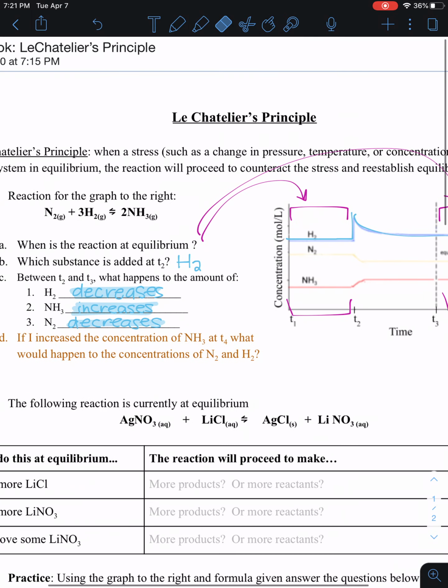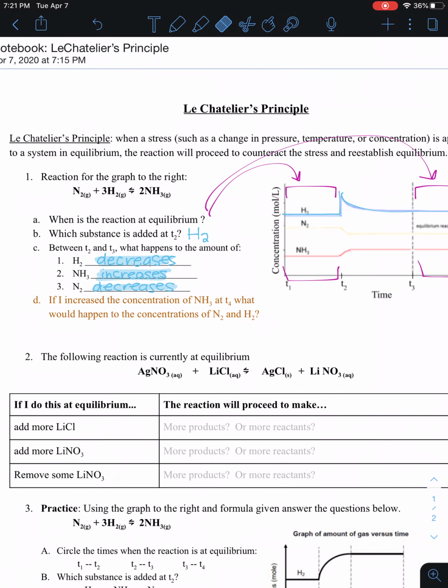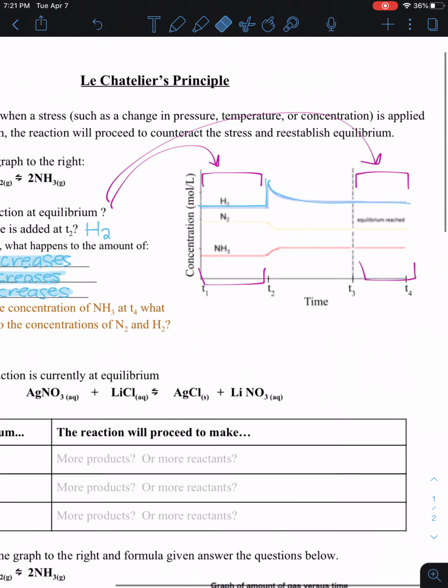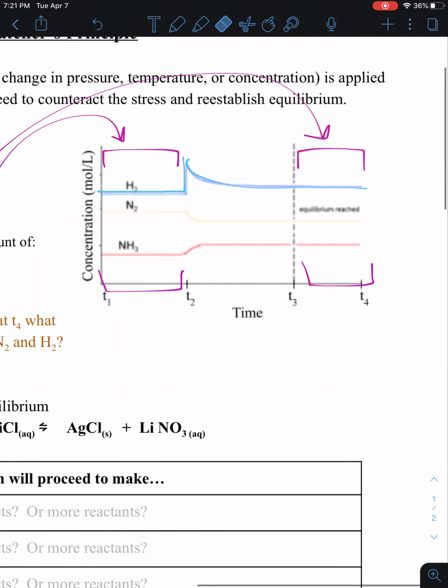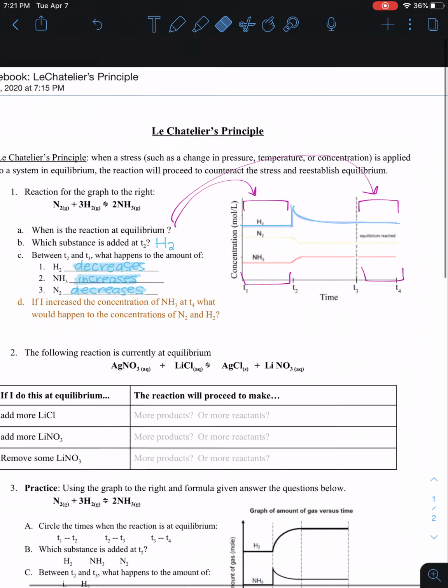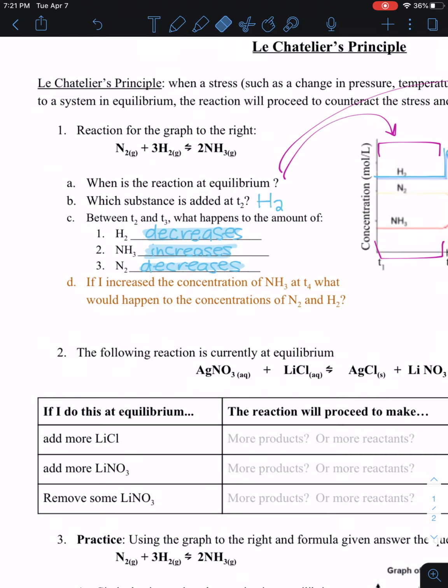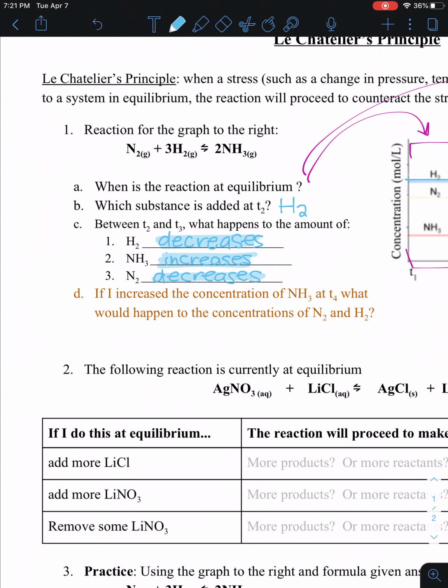All right, last question, letter D. If I increased the concentration of NH3 at time 4, what would happen to the concentrations of N2 and H2? At time 4 we're at equilibrium, so everything is back to balanced. For part D, we're actually going to be using the balanced equation, which is a little easier.